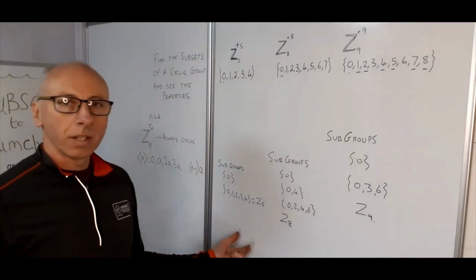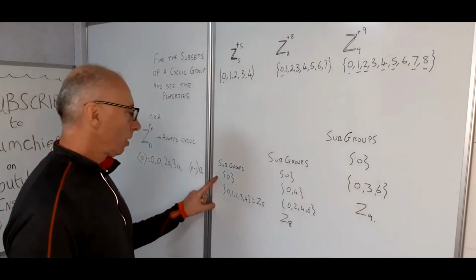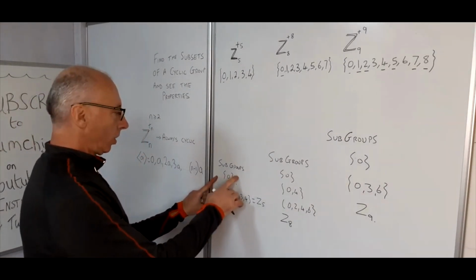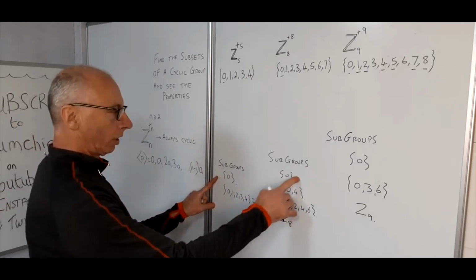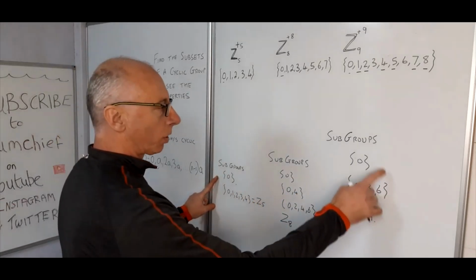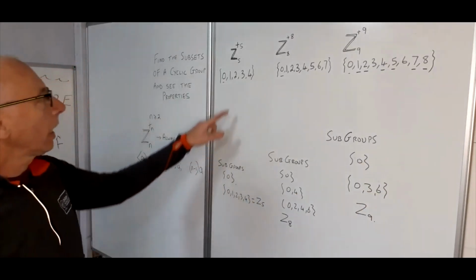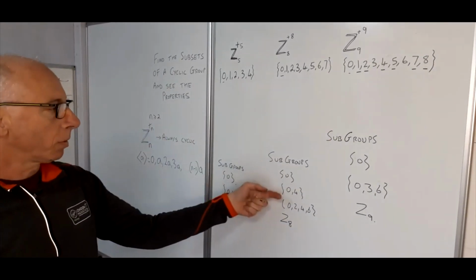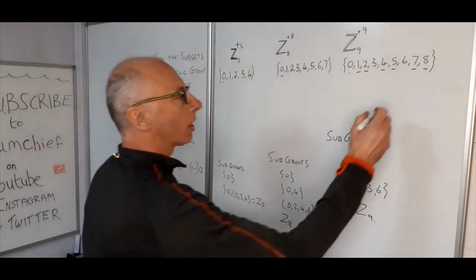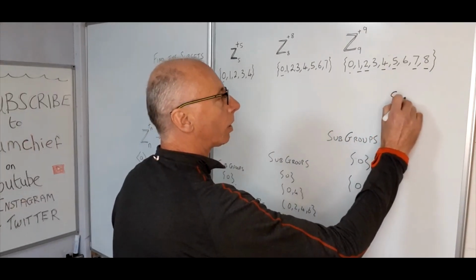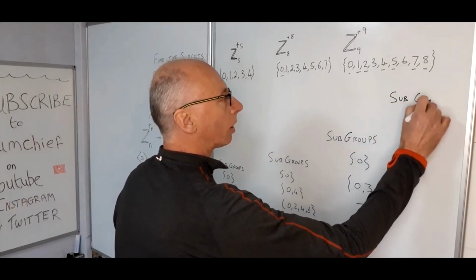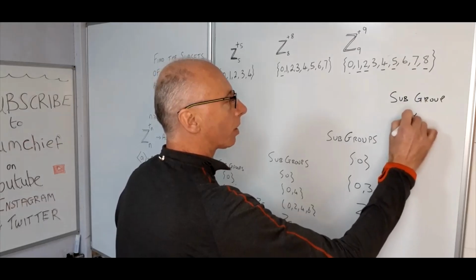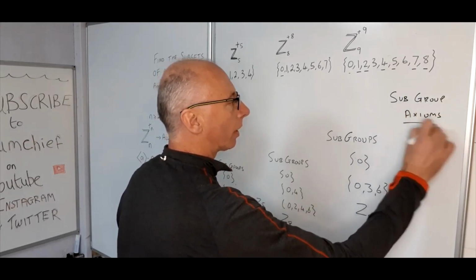Okay, let's see what properties we've got. So basically, each element of each of these subgroups must be in the group itself. So we can see here that all those properties are ticked. So let's put the subgroup axioms here.